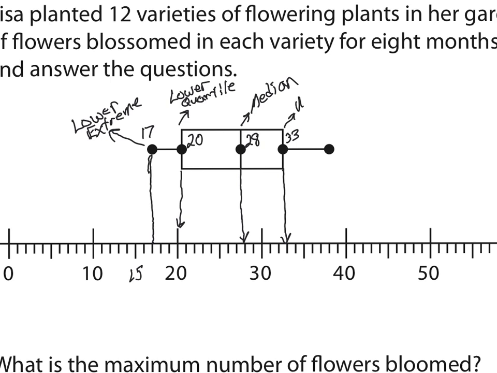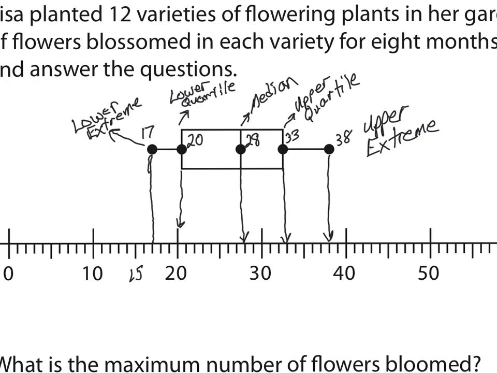That's called the upper quartile. That's where the upper quarter of the data starts. And then the last number appears to be at 38, and that is the upper extreme, or the maximum. Okay, that's the largest number that they found.